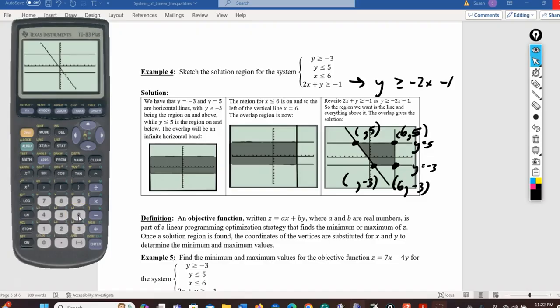Okay. Now I have the x equals 6 is going to be about here. And so I already know those points as we did before: 6, 5, and 6, -3.